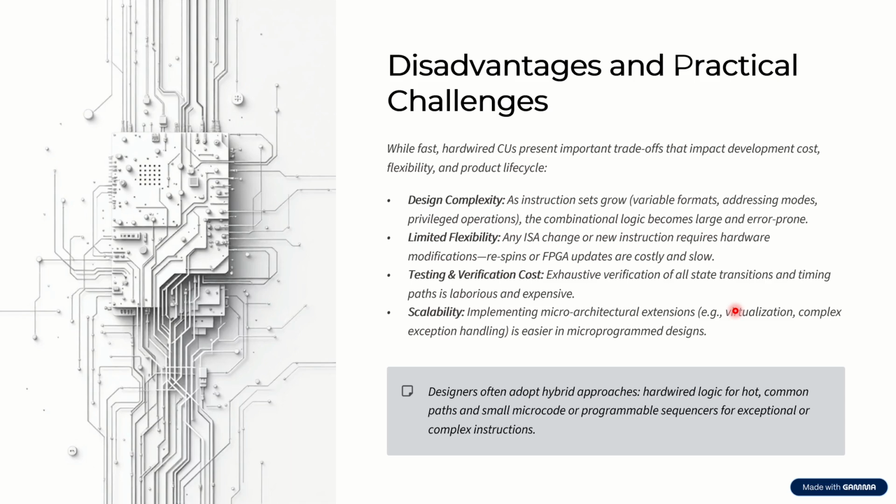The third disadvantage is testing and verification cost. Exhaustive verification of all state transitions and timing paths is laborious and expensive. Scalability: implementing micro-architectural extensions, virtualization, and complex exception handling is easier in microprogrammed designs.